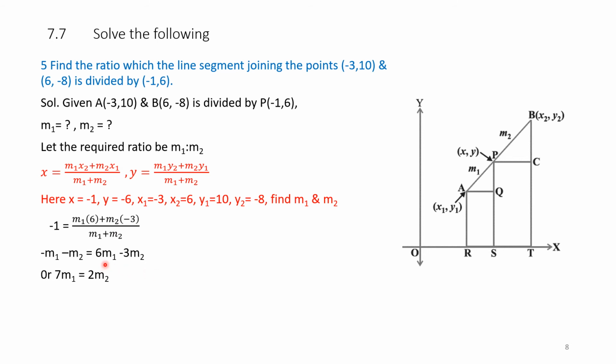Therefore, taking m1 to the right side and m2 to the left side, we get 7m1 is equal to 2m2. Therefore, the ratio of m1 is to m2 is 2 is to 7. This is the answer.